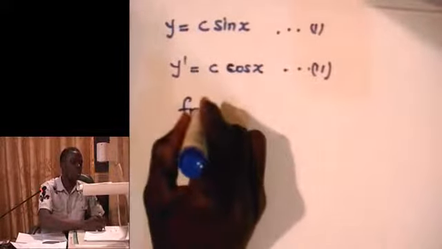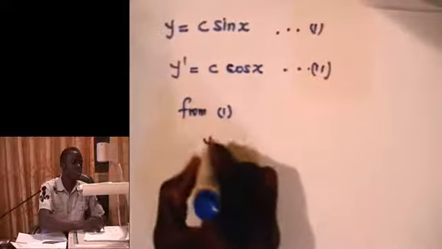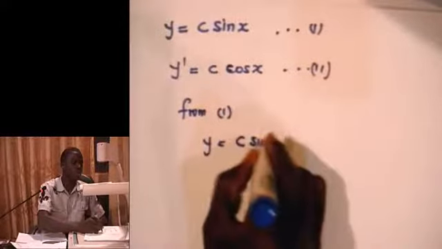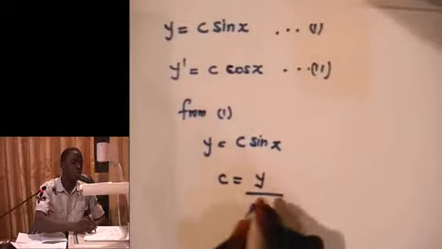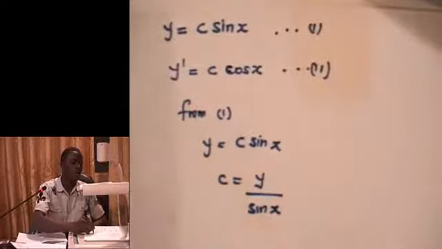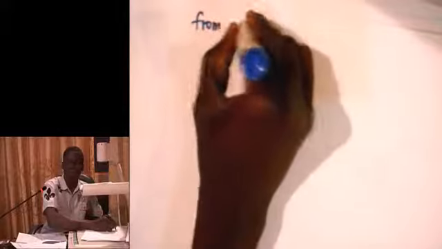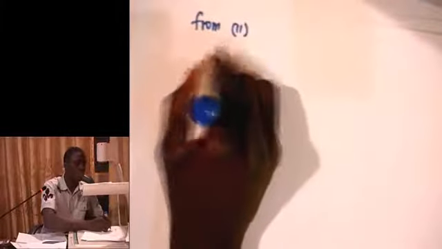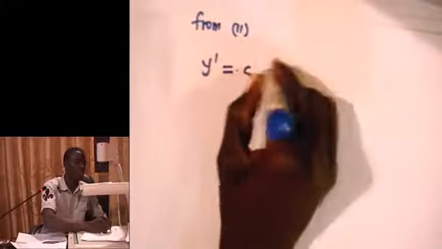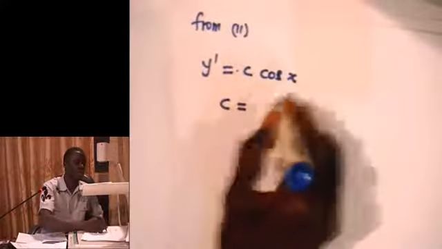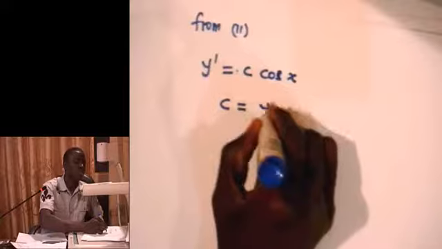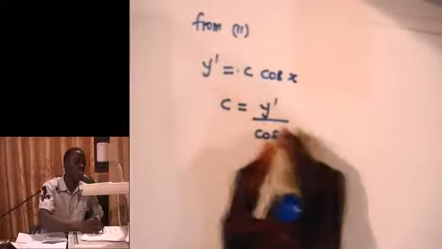From equation 1, y equals c sine x, make c the subject, so c equals y over sine x. From equation 2, y prime equals c cos x, so making c the subject, c equals y prime over cos x.